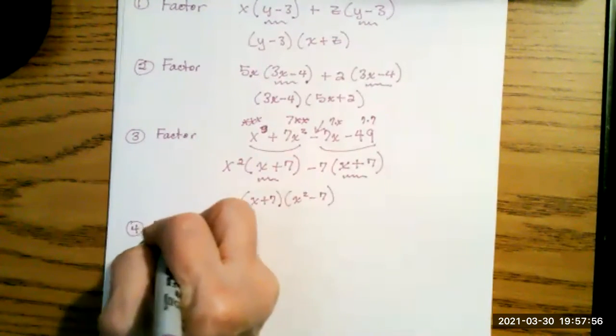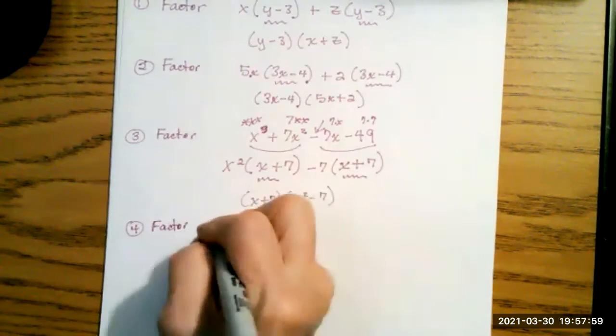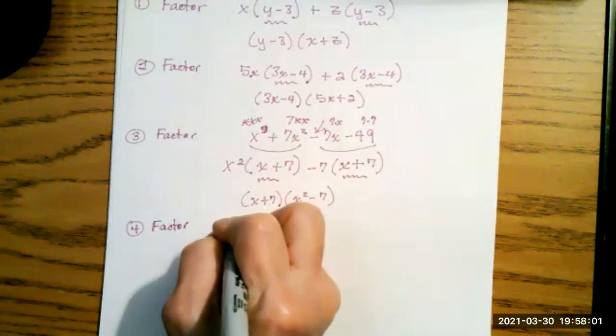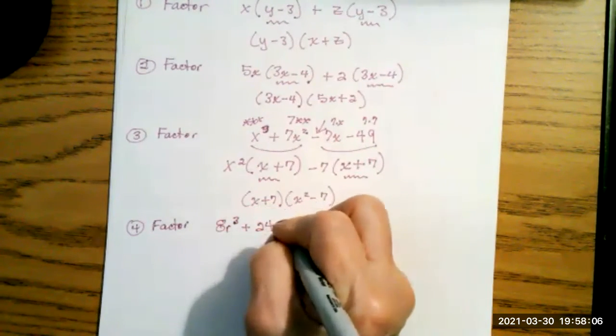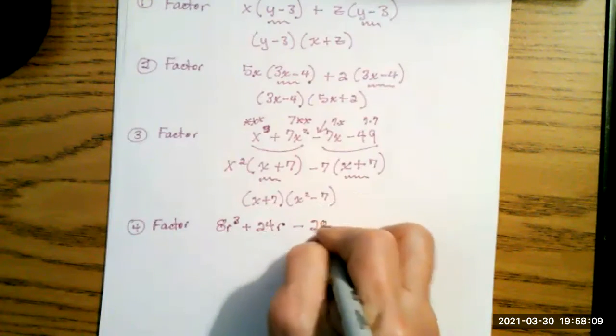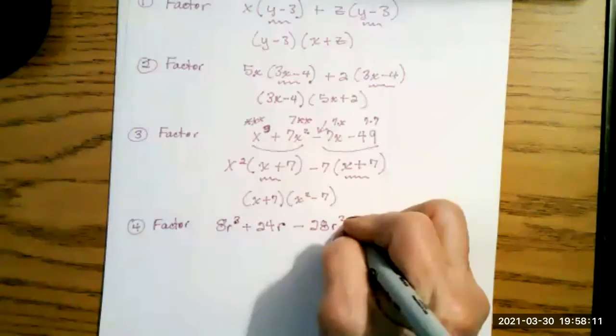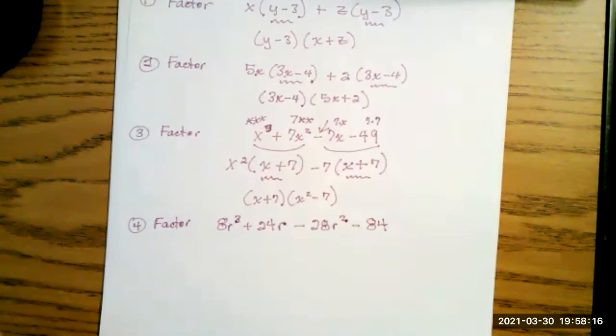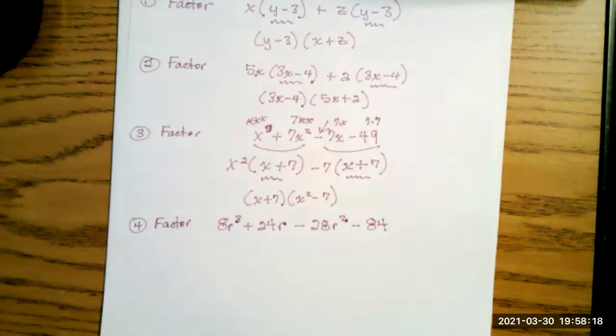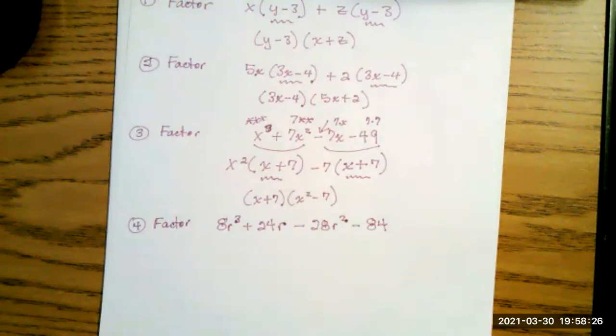This is factor. We have an 8r cubed plus 24r minus 28r squared minus 84. So now they're going to give us a challenge. They're going to give us some numbers that are much bigger. Now, one thing that we haven't really talked a lot about is that sometimes you can take a GCF out of all of them first.